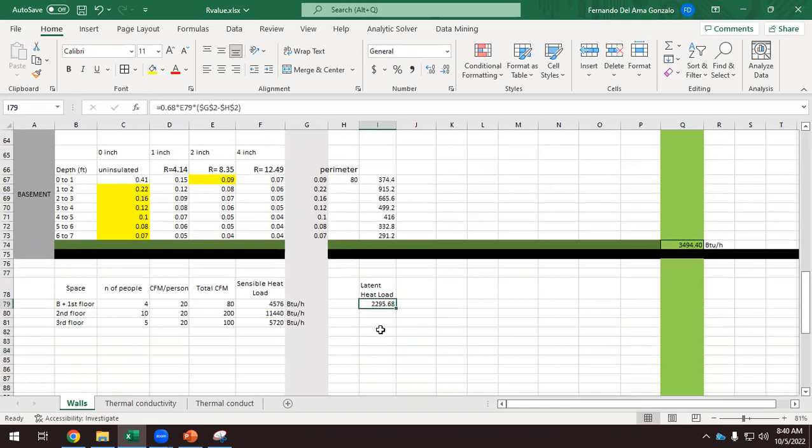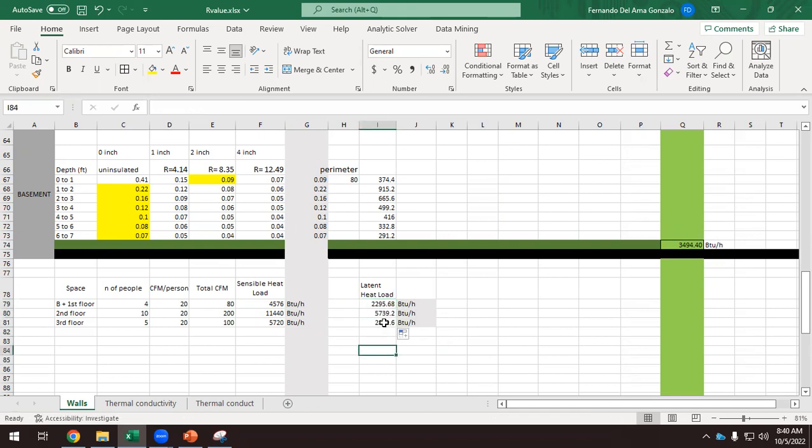And this is the latent load, and I have to copy because the units are the same. And now I can drag this down.